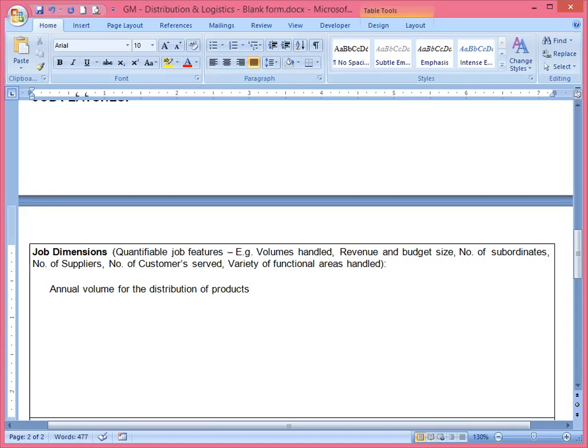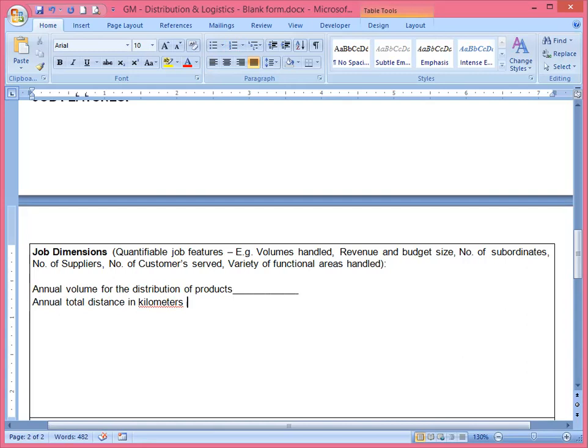Then maybe annual total distance, in terms of kilometers.